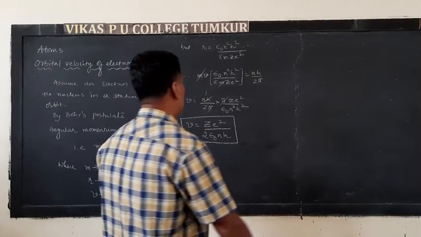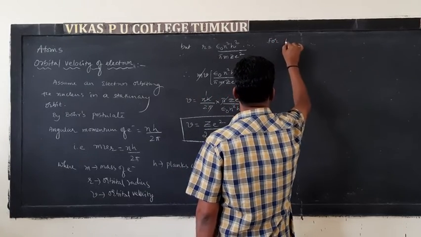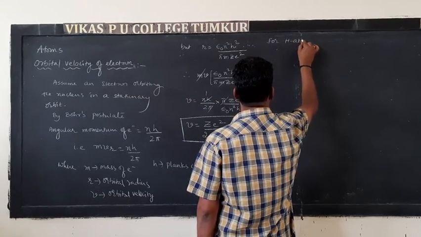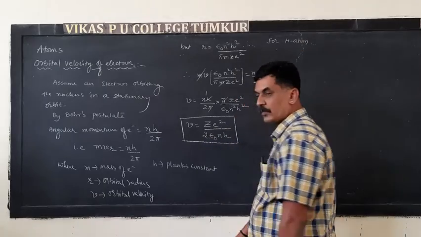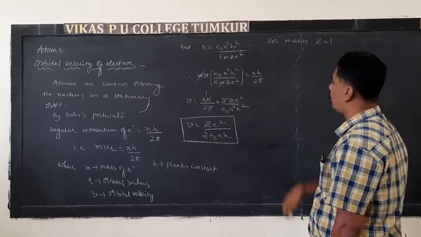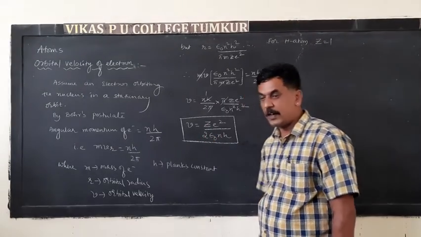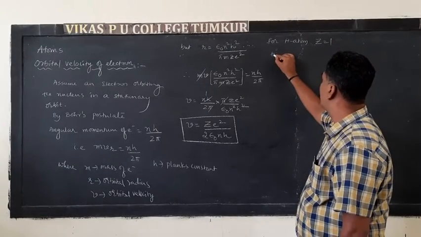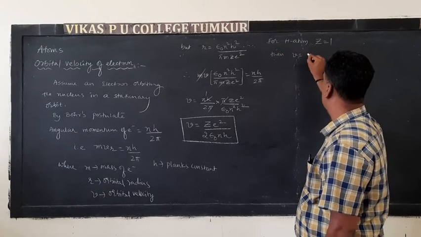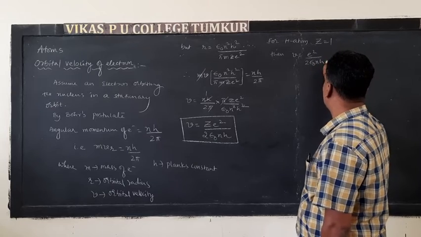So particularly for hydrogen atom, atomic number means z is 1. If you substitute z as 1, then you get v is equal to e square by 2 epsilon naught nh.